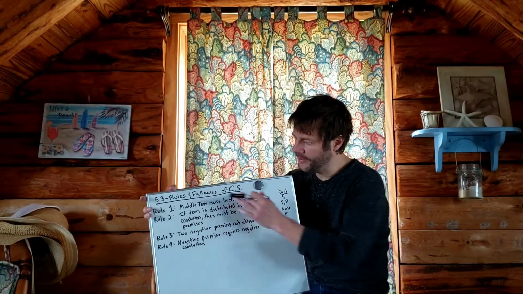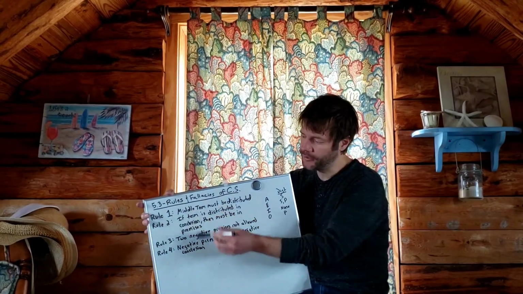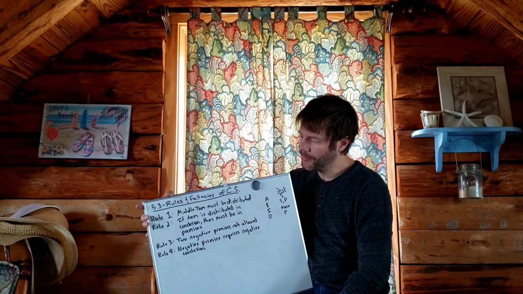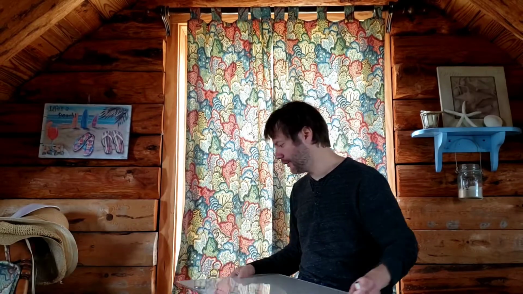All this is saying is that an argument has to pass this rule to be valid. Actually, you'll see it has to pass all these rules to be valid. The middle term must be distributed at least once in the argument. Let me give you an argument that doesn't do that.